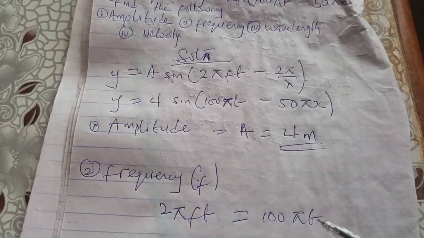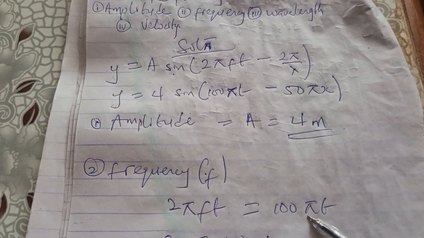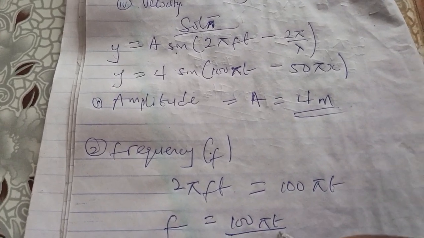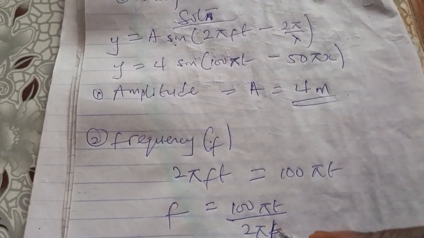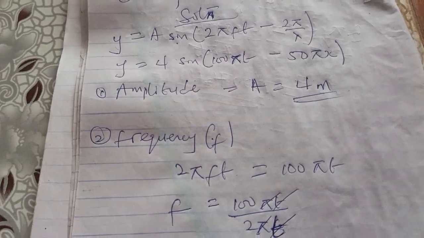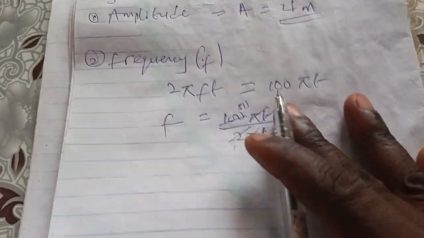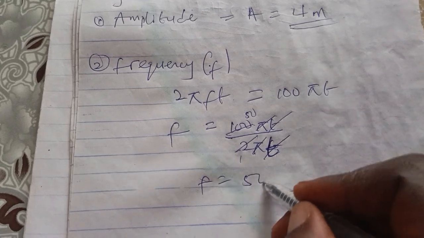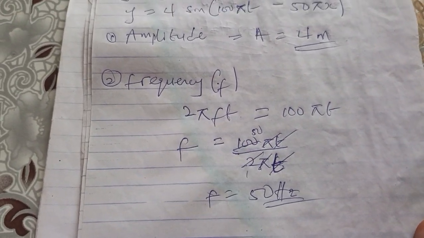I divided both sides by 2πt. So the t cancels t, π cancels π, and 2 cancels into 50. That is to say our frequency will now be 50 Hz. See how simple this thing is going.